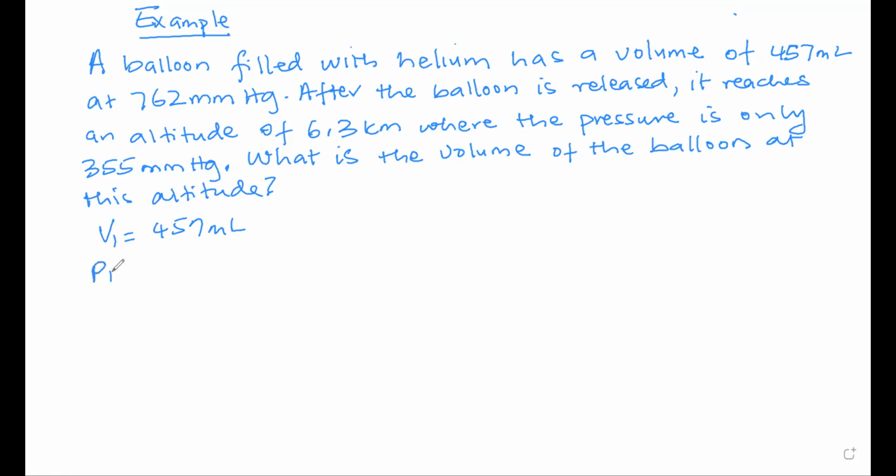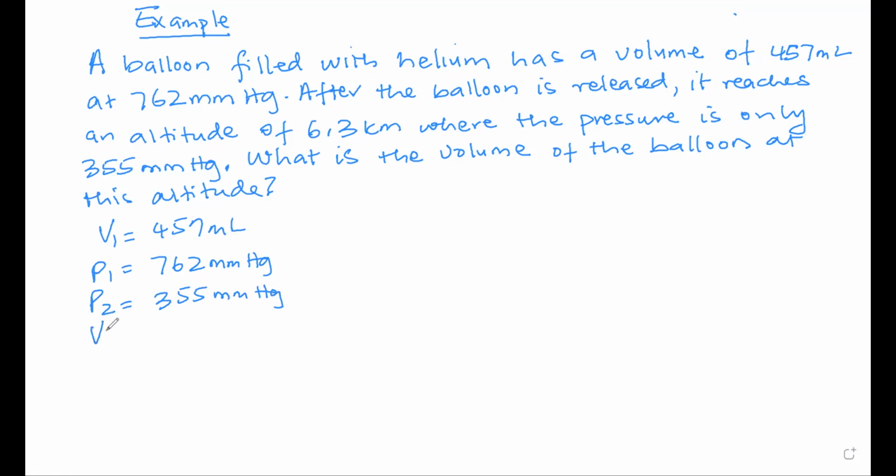Millimeter mercury is unit for pressure. After the balloon is released, it reaches an altitude of 6.3 kilometers, where the pressure is only 355. So the final pressure is 355 millimeter mercury.